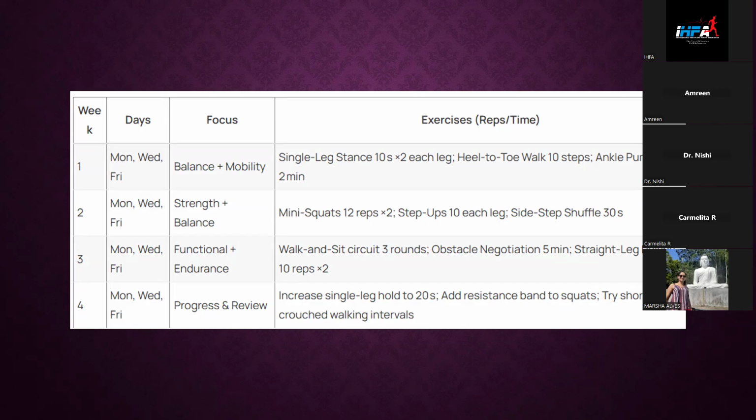For strength and balance, you can focus on mini squats, step ups, and side step shuffle. For functional and endurance, you can do obstacle walking, straight leg raises, wall sit circuits. And for progression, you can increase to 20 seconds hold, or add resistance, or add short intervals of walk. So this is one of the examples of the chart where these are the exercises which are done in order to improve the gait.